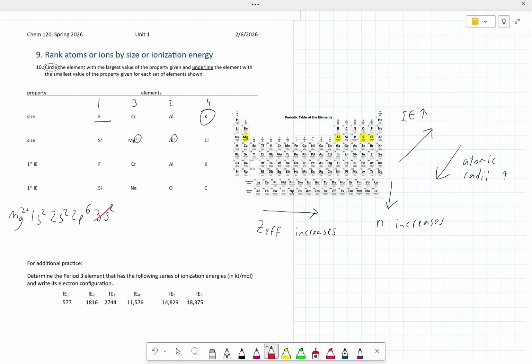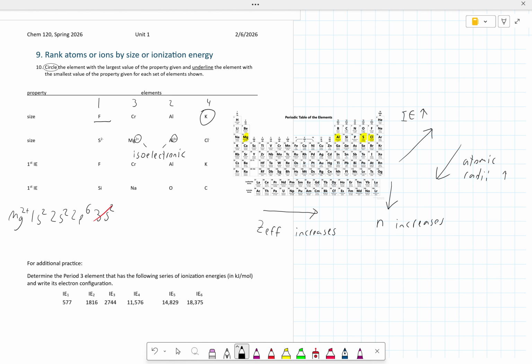And you can also hopefully see that the aluminum 3+ is also going to have the electron configuration of neon. So I would say that these two species are isoelectronic. They're both going to have only 10 electrons. So when we have the same number of electrons, the next thing that we have to go off of is our Z effective.